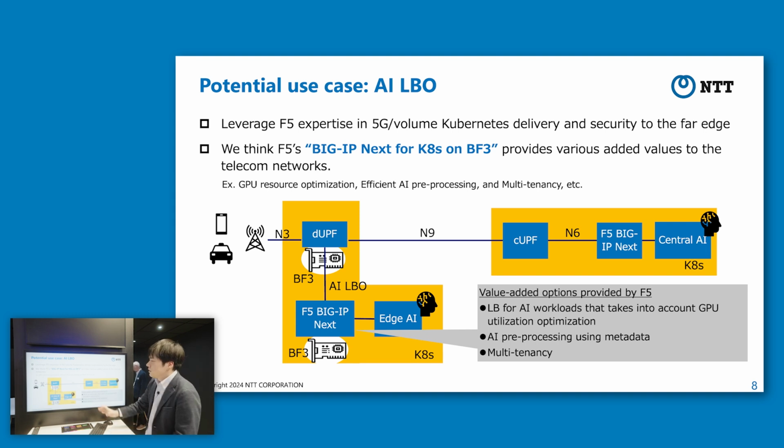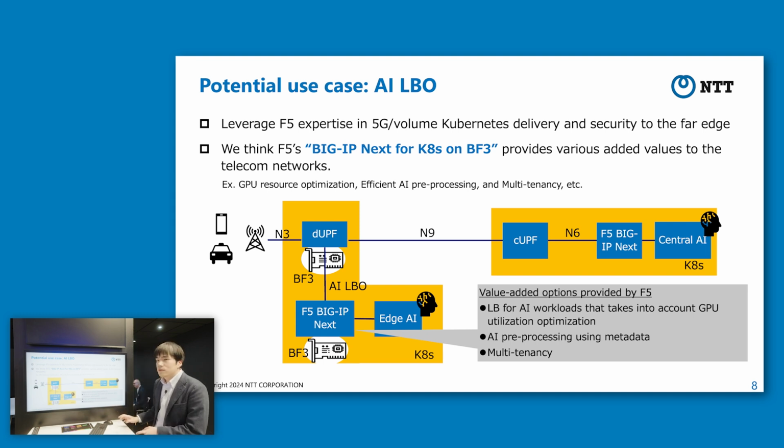As part of this, we will support N9, the interface between two UPFs: one is the distributed UPF on the edge side, and the other is the central UPF in the central data centers.